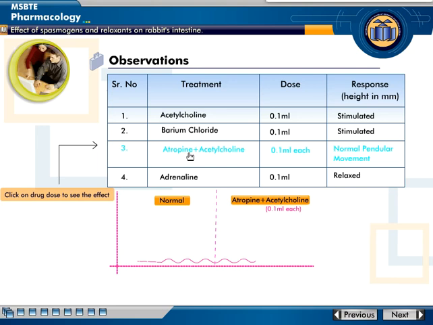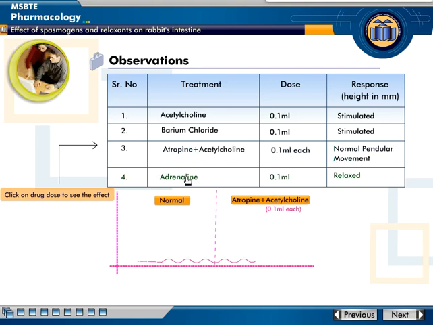That means atropine, which is an antagonist of acetylcholine, nullifies the action of acetylcholine.